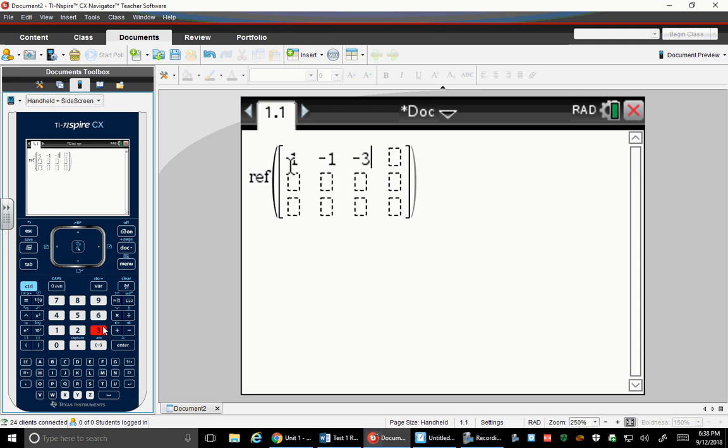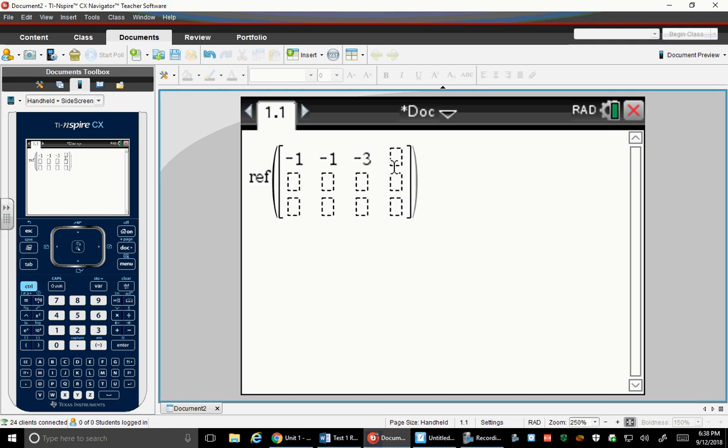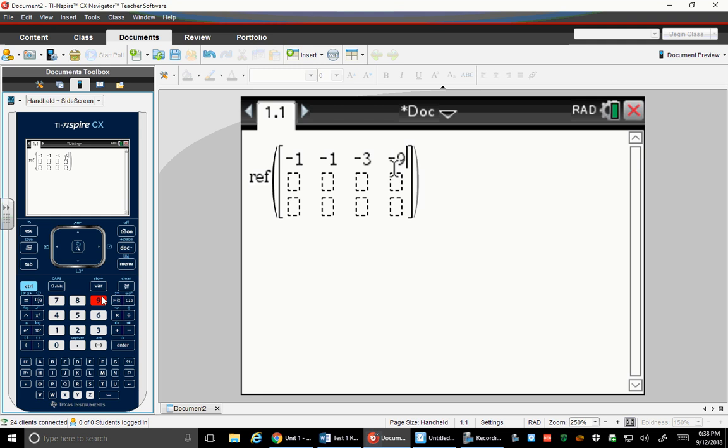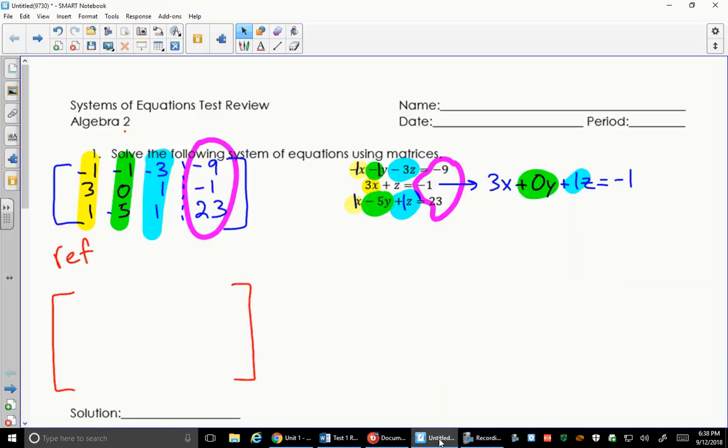That mouse is in the way. So if you notice right now, I forgot my negative sign there. And so as I'm double checking my numbers, that's a big issue. Okay, -9. Okay, down here, 3, 0, 1, -1.